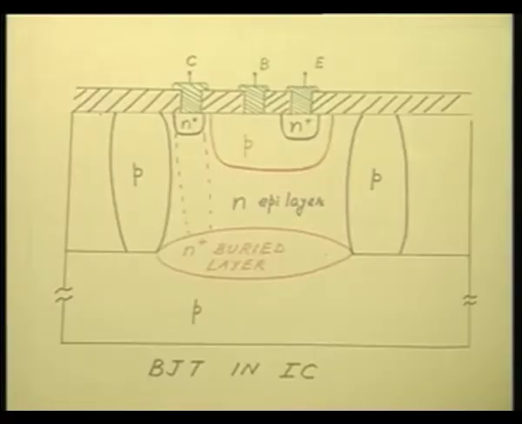So, the practiced distance used to be 20 micron. If you have a transistor with a 20 micron base, it has absolutely no gain to speak of. Okay? So, you do not have to worry about the parasitic effects of this transistor, but you pay a very heavy price in terms of real estate, right.